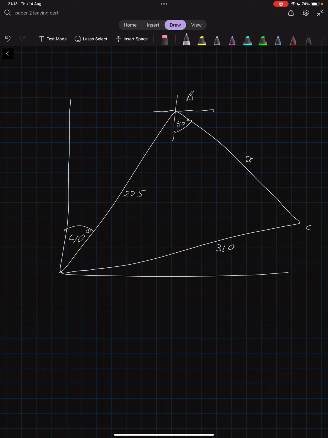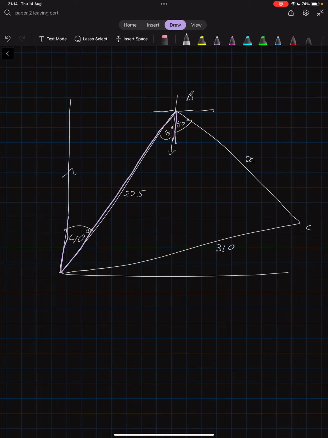Okay, well, first of all, I can say this is 40. We just did it a couple of videos ago, but if you didn't watch it, this is a Z here. So this means that these two angles are alternate, and therefore this is 40 degrees. Remember, this is parallel to this. So what I have is 40 plus 50, so I have a right angle there.